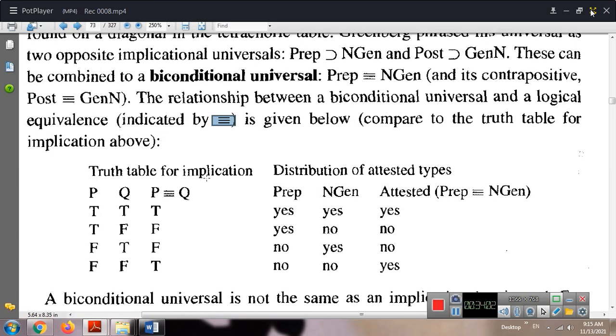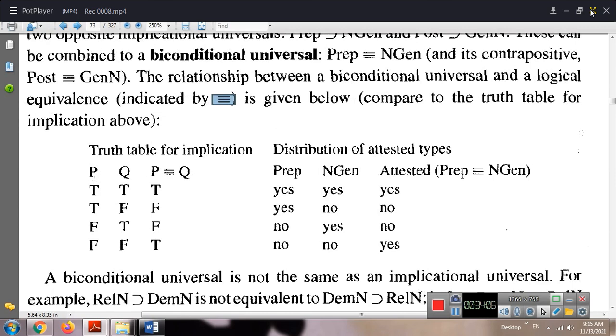Truth table for implication, distribution of attested types. If P, we have P and Q; here P and Q are biconditional. You should know that. Maybe I ask you what this symbol shows. You should know that it shows the biconditional universal.